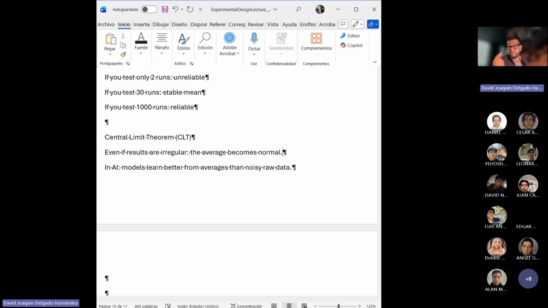Again, if I have only one or two runs, I cannot extrapolate that information. I have to run more and more experiments in order to get more information to estimate the average, the mean value, and that's it.